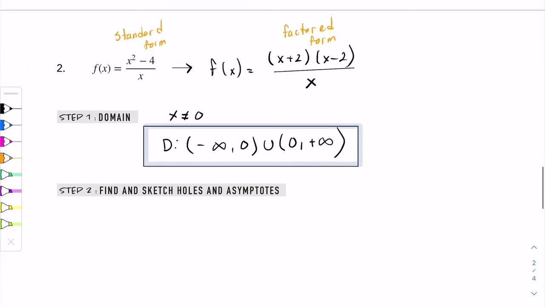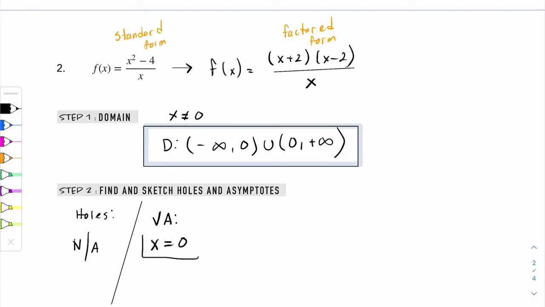Next, we need to find the holes and asymptotes. Holes are found when you have a common factor. In this case, we don't have any common factors, so there are no holes, or I'll just say not available. The vertical asymptote is found by setting the remaining denominator equal to 0. In this case, x is equal to 0.